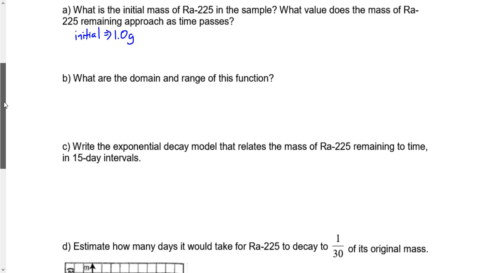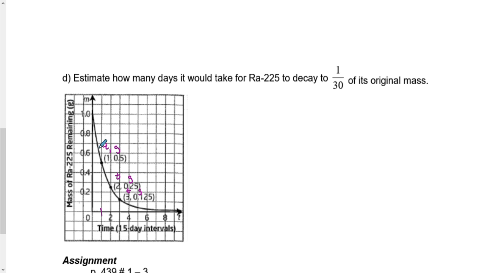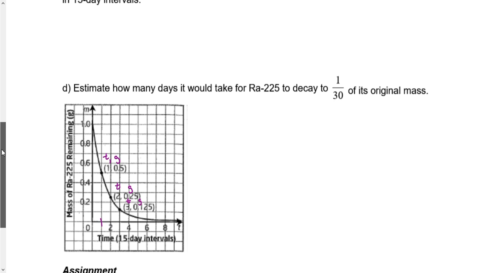And what mass does it approach? Well, as the time slowly progresses, it seems like the mass is going down, down, and down, and down, and down, and it's slowly but surely approaching 0 grams.